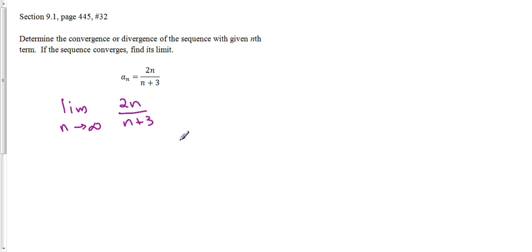The first thing to try when solving a limit is to substitute in, which means you take the value that n goes to, and you substitute in that infinity everywhere you see an n. Well, if we do that, we end up with 2 infinity over infinity plus 3, and that really isn't going to be much help.